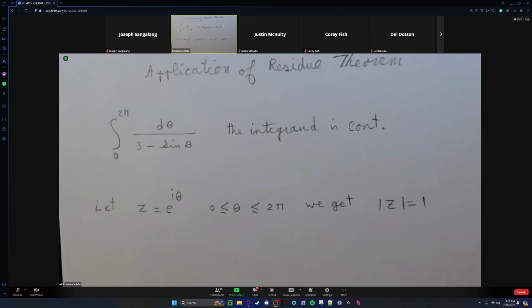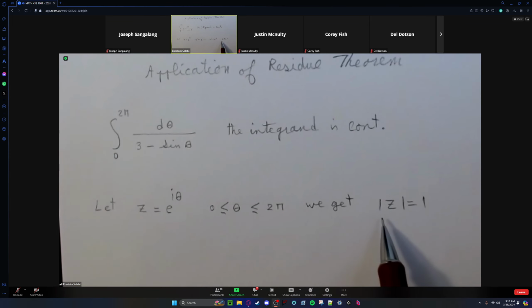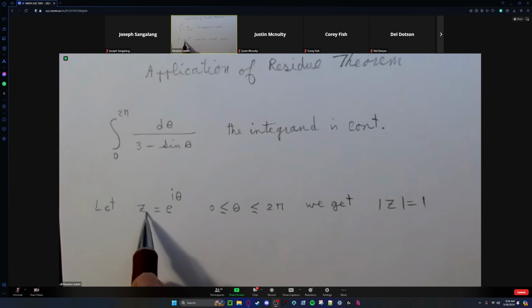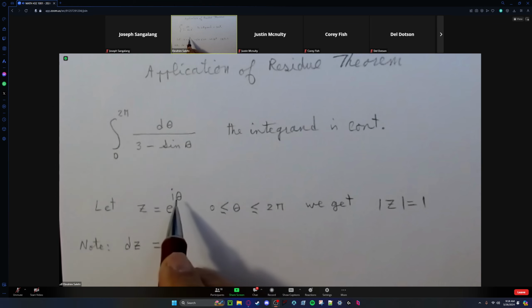Well, instead of going from 0 to 2 pi, I want to integrate over the unit circle. But in the process, remember, if this is z, then what happens to dz? So note, dz is the derivative with respect to theta times d theta.